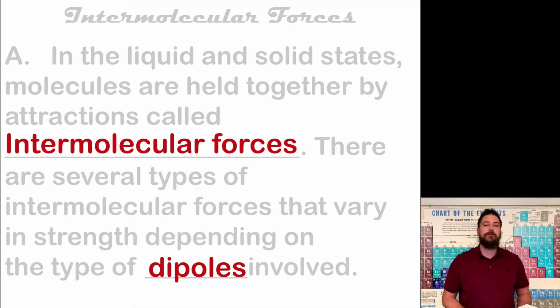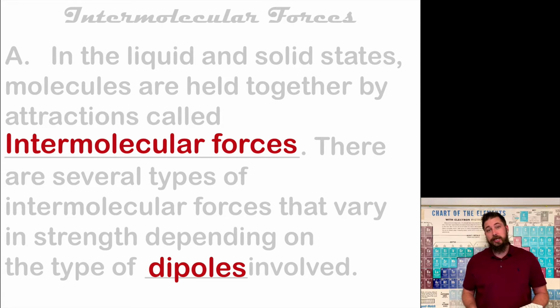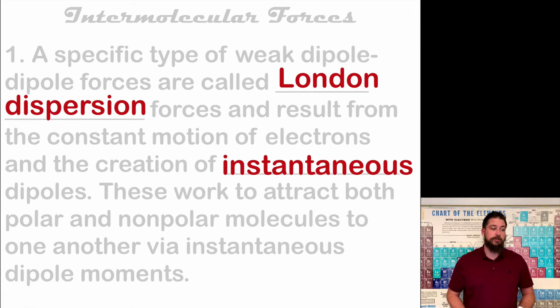There are several types of intermolecular forces that vary in strength depending on the dipoles involved. We talked about dipoles. Dipoles occur when you have a polar bond, right? The bond itself will have a dipole where you have a partial positive and partial negative end. We've also talked about polar molecules, and molecules themselves can have a partial positive and partial negative end. Depending on how strong the dipole is depends on how strong the intermolecular forces are.